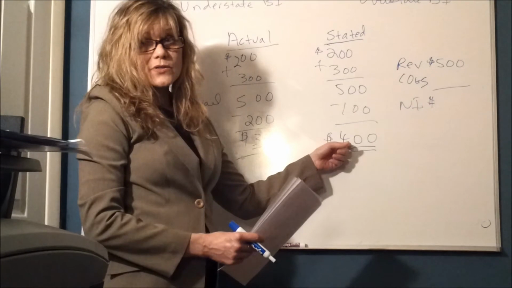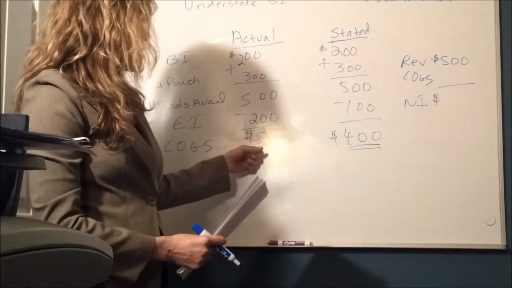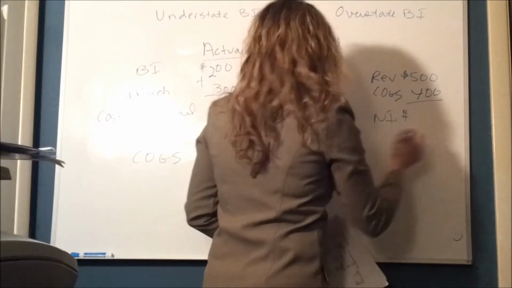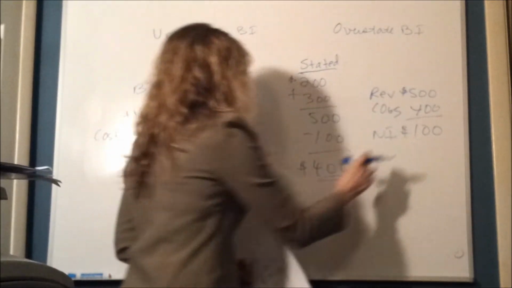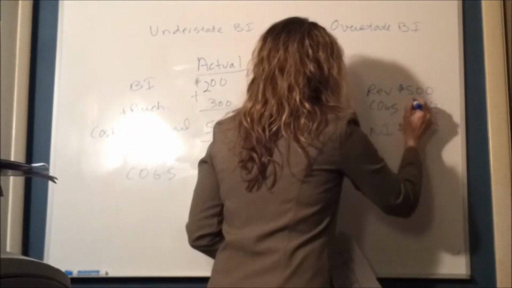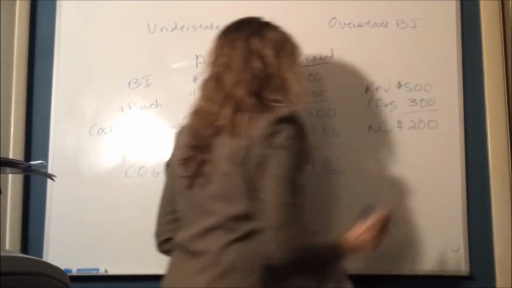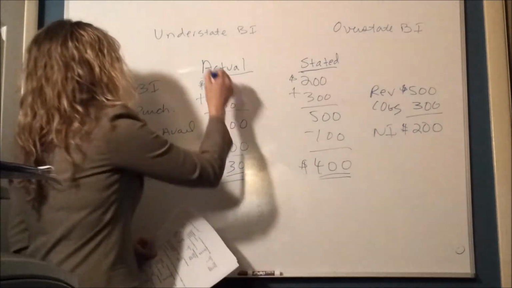We think our cost of goods sold was 400. In fact, it was 300. By doing this, we think our net income is $100. Our net income, if we had used the appropriate amount, would have actually been $200. So we understated net income.